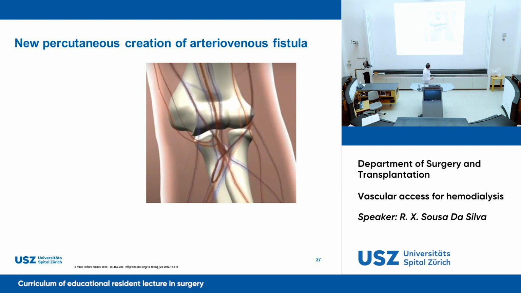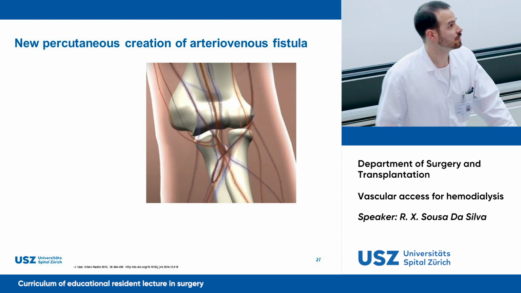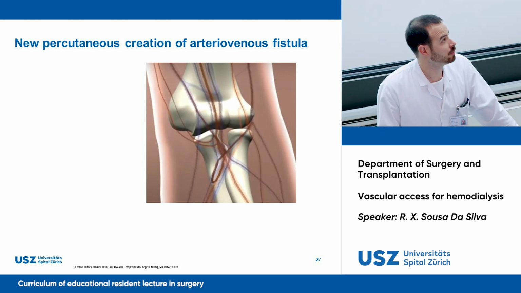After some time, you then have maturation of the whole superficial veins over the fistula, and the goal is that, for example, the cephalic vein grows enough and you can perform hemodialysis. So that's a new option we have if we are not performing AV fistula distally.